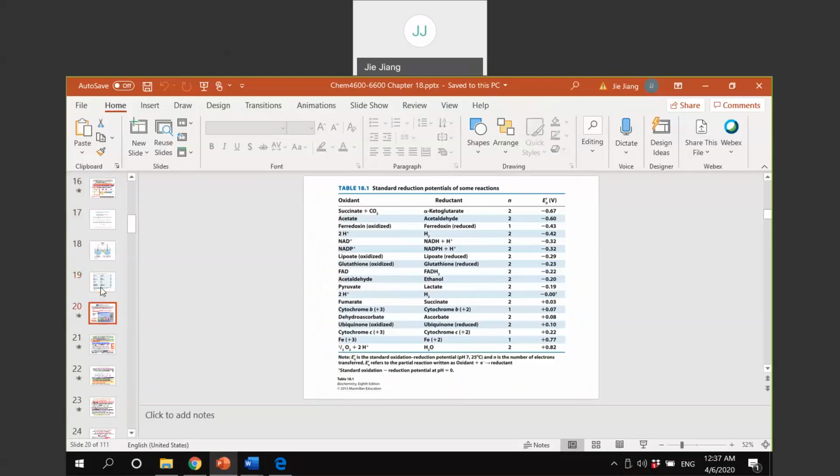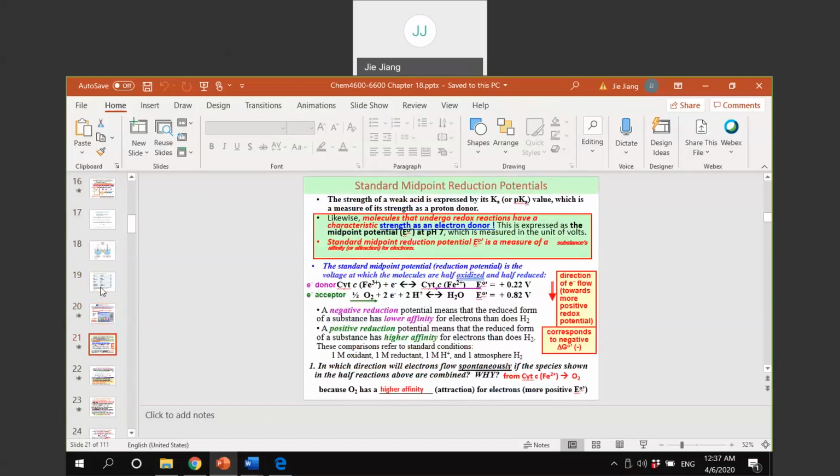Now let's see the problem exactly. Here, right? So it asks you, it didn't ask you to calculate cell potential actually. It asks you in which direction will electrons flow spontaneously if the species shown in the half reactions are combined. So I will say which one is reduced, which one is oxidized.